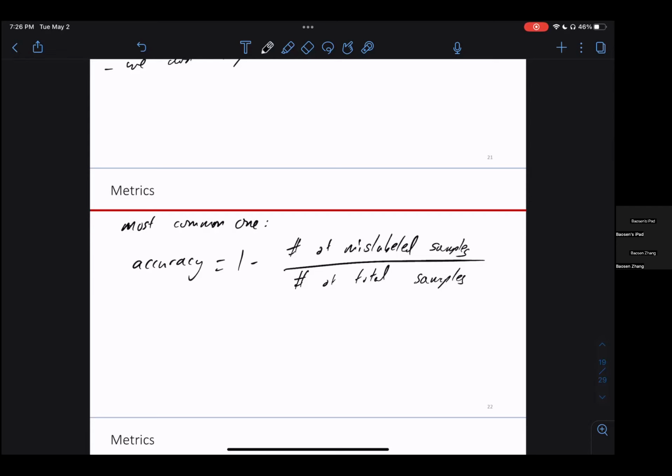So the drawback of this is it doesn't differentiate between which way your error is. Because the way this is counted is if it's zero and you label it as a one, it's an error. If it's a one and you label it as a zero, it's the same error. It does not differentiate which way the error goes.